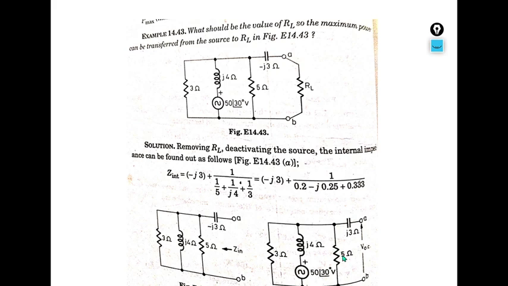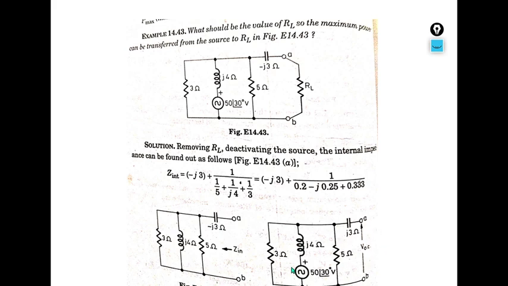Next, current into this 5 gives VOC. Another way: consider that V is present at the node. Then V minus 50 angle 30 by J4, V by 3, V by 5. So we can find the voltage V. V by 5 gives the current, and current into 5 gives the VOC.